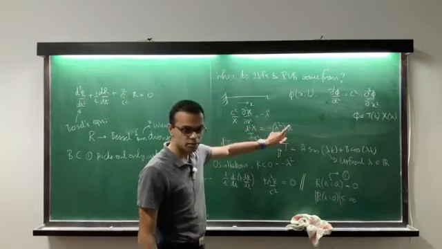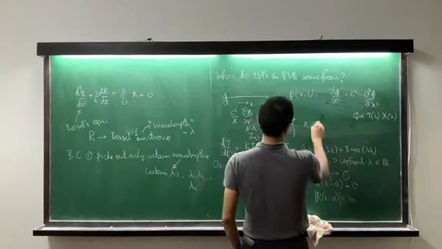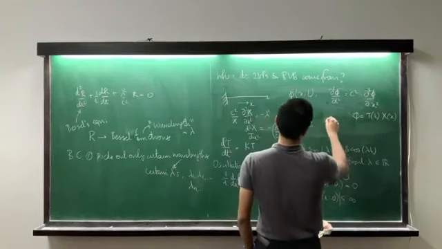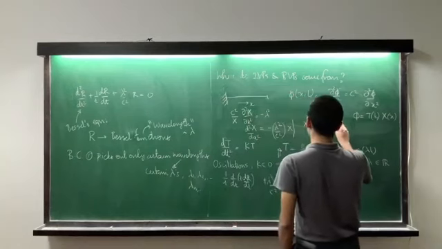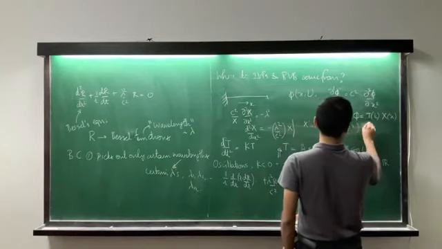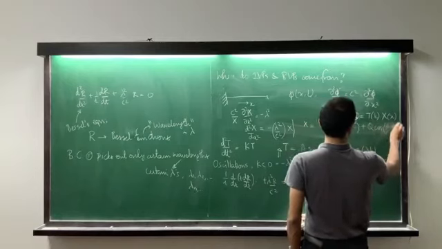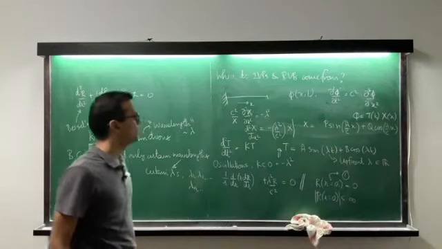K is minus lambda square by c square now. And you do the same procedure, and you get X is equal to, let's call this p, sine of lambda by c times x plus q cos lambda by c times x. Okay.